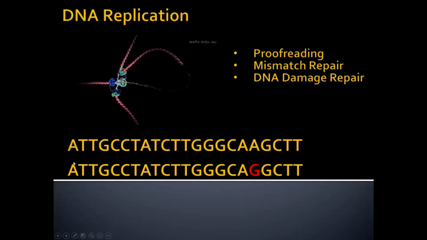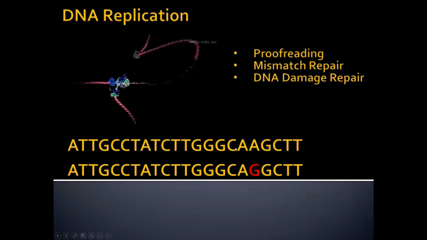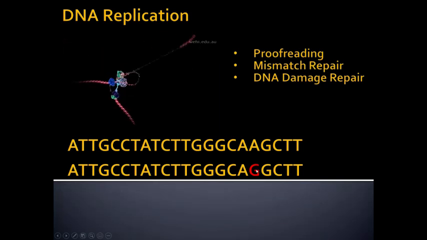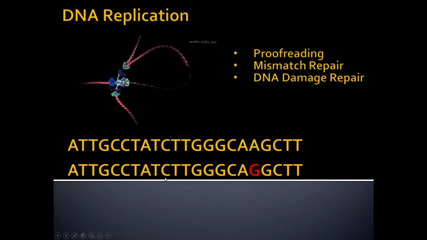So A across here would be a T, T would be an A, and we could put both strands, but it's redundant because we know if we have an A on one side that we always have a T on the other. So here's the strand of DNA. After we copy it, we've made a mistake, and this base pair is now a G. On the other side would be a C, whereas before it was an A and a T pair. Okay, but we only show one strand. So just so you know.